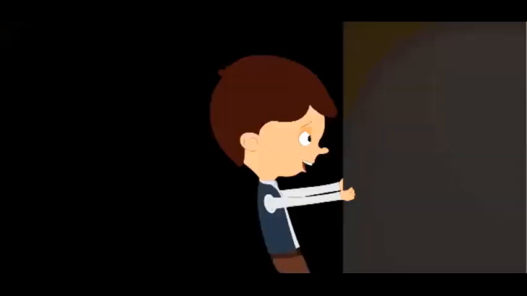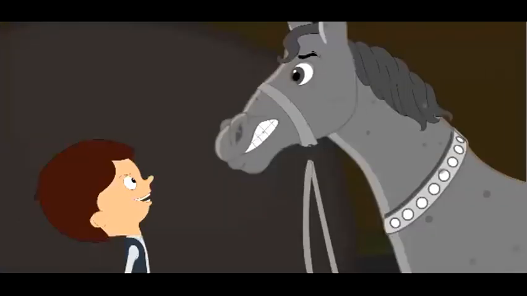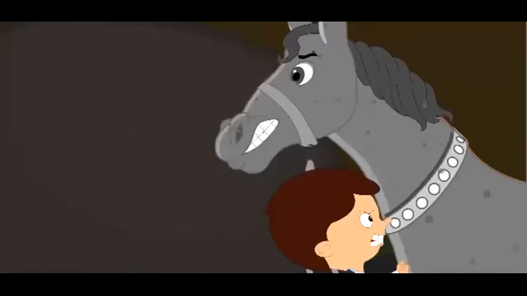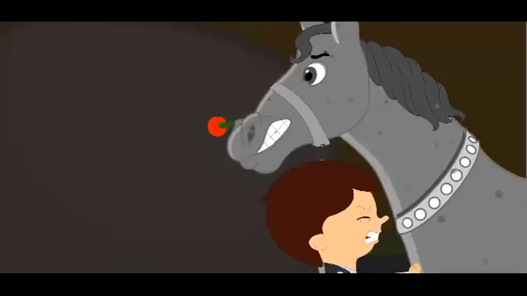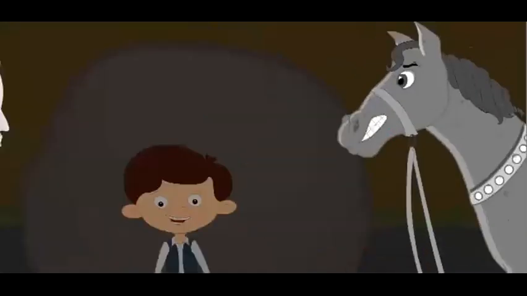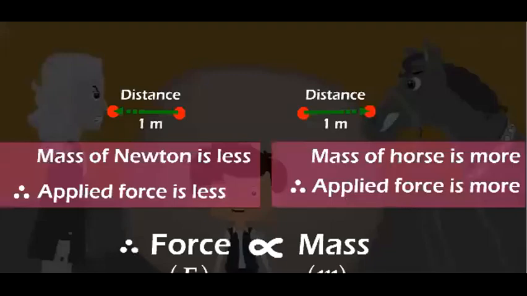Now the boy is applying more force to pull the horse. More mass, more force is needed. The mass of the horse is more, so the applied force is also more. So force is directly proportional to mass.